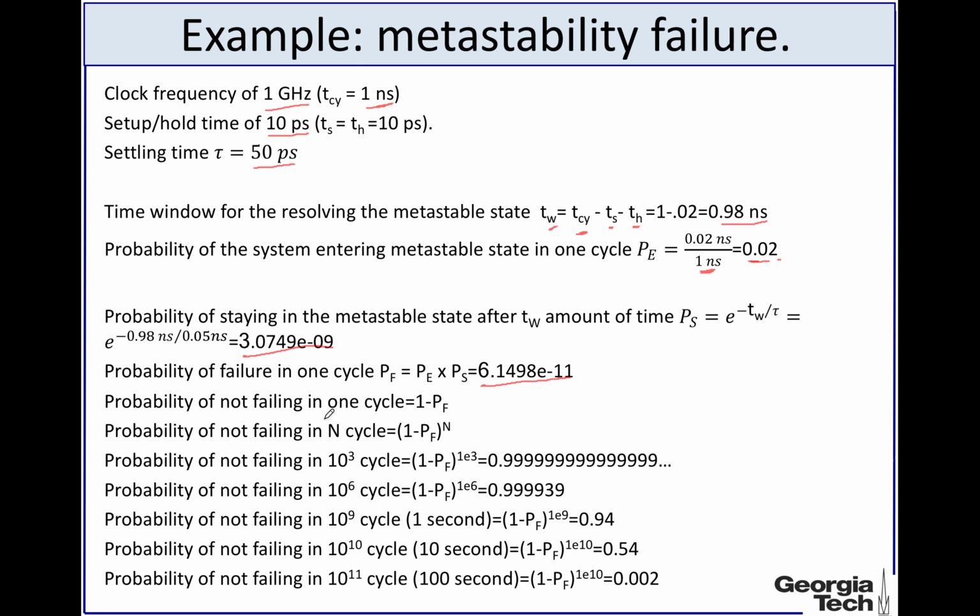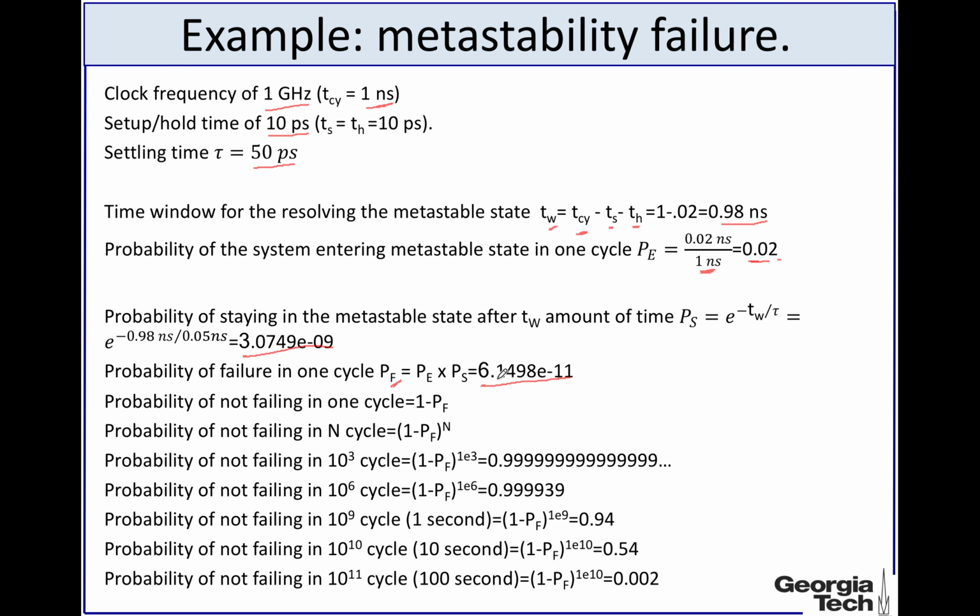Within one cycle the probability of having a metastable output is PF. So the probability of not failing is 1 minus PF.